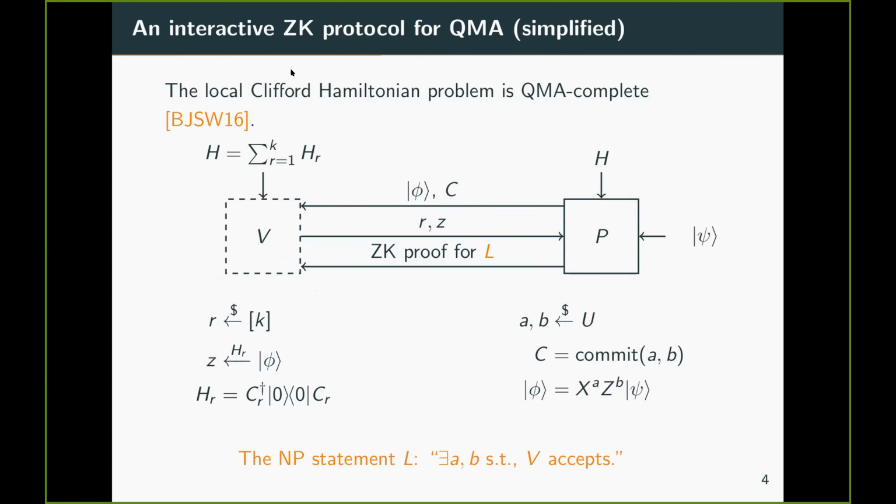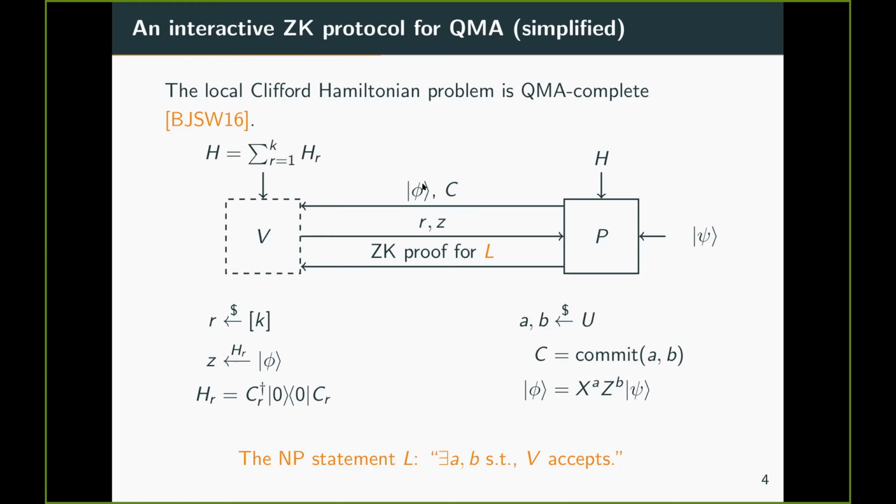So consider the following simplified zero-knowledge protocol for QMA, which verifies the local Clifford Hamiltonian problem, which is also QMA-complete. On receiving the instance and the witness state, the prover encrypts the witness state with a quantum one-time pad, and then sends over the encrypted state together with a commitment to the keys. So the prover is not allowed to change the values afterwards.